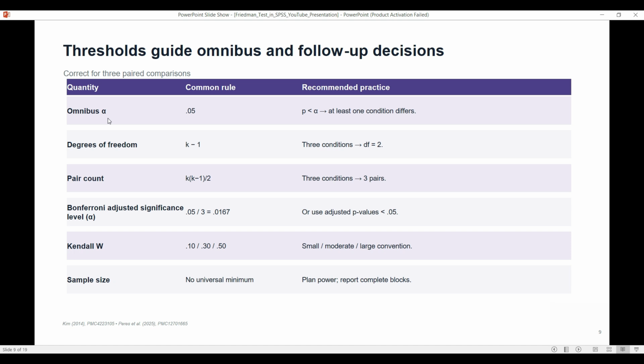Okay, so we also see other things like the omnibus alpha of 0.05, and the p-value should be less than this alpha value, and the pair count.